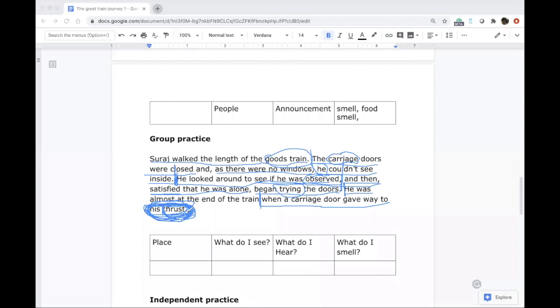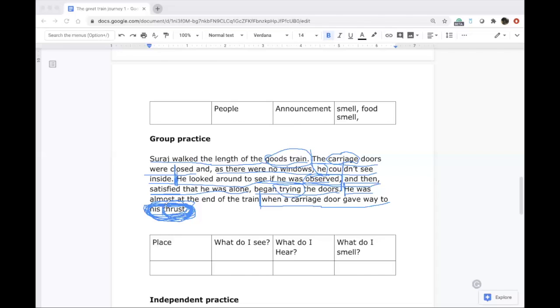Okay, that's a really close guess, but did you see anywhere that he's taking a stone? No, sir. Sir, he is trying to pull the door. He's trying to open the door with force. He's trying hard. So thrust means force.